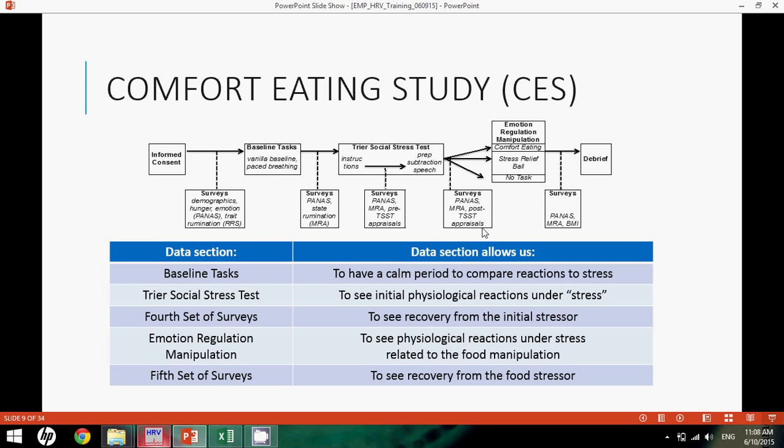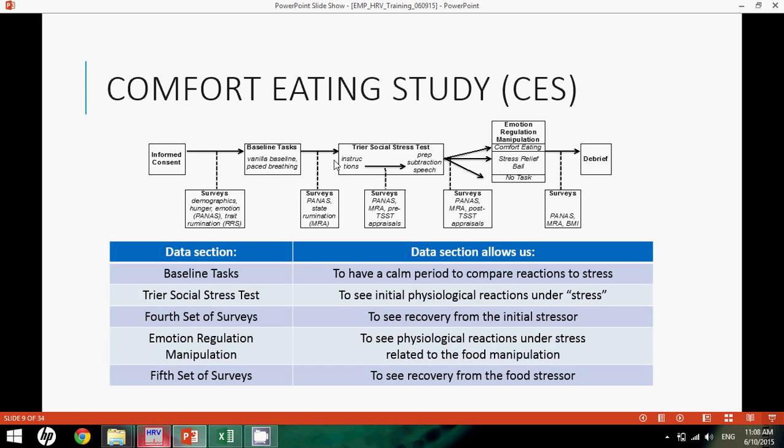And then we'll quantify a 3-minute recovery period where participants are doing surveys. From there, participants are given 5 minutes of emotion regulation manipulation where they're given food and have to deal with this particular task. We'll quantify all 5 minutes of that and then quantify 5 minutes afterwards where participants are filling out surveys.